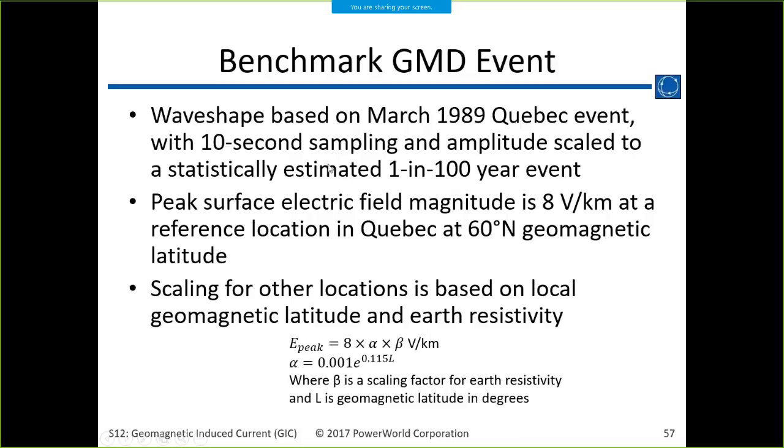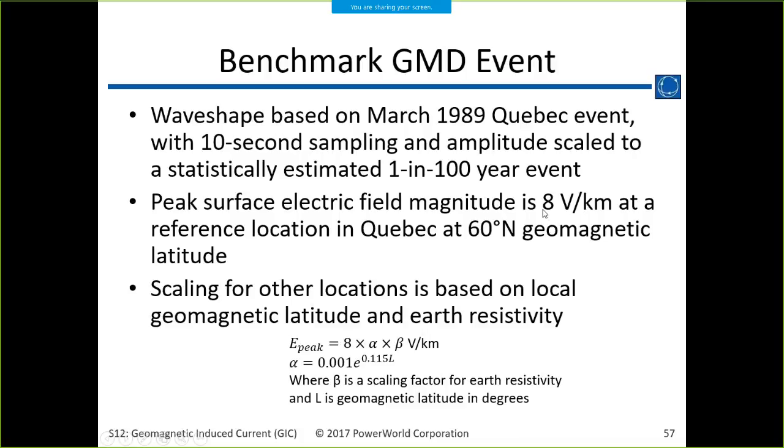This event was scaled, based on some space weather researchers, to approximate a 1 in 100 year event. It's essentially a factor of 4 of what the actual event was, because the peak in the actual event was around 2 volts per kilometer. In the benchmark event, it's scaled up to where it peaks at 8 volts per kilometer.